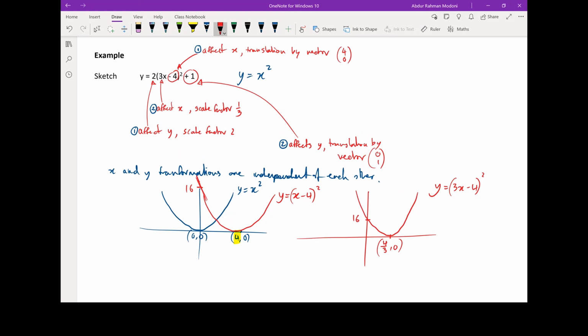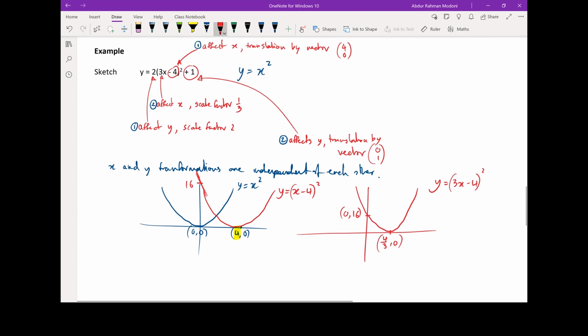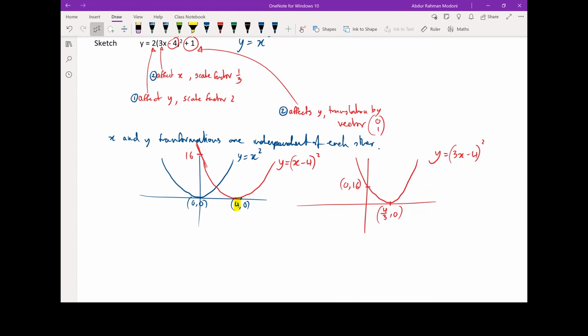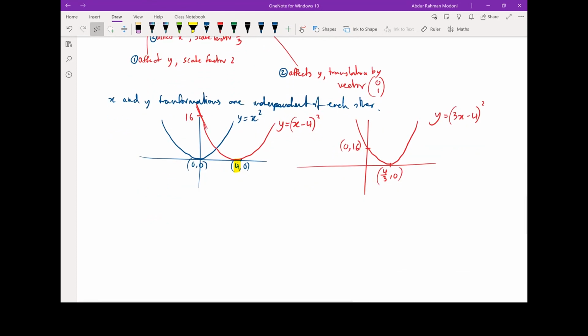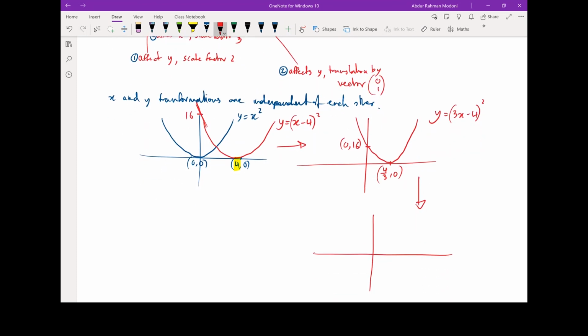So let's take a look at what happens to these coordinates. We've got this coordinate here, which is (0, 16). We'll write it as a coordinate, because then we can see the x and the y quite clearly. Now we're going to apply the y transformations. Affects the y by a scale factor of 2 first. So all the y values get multiplied by 2. Essentially it would become y is equal to 2 lots of (3x minus 4) all squared.